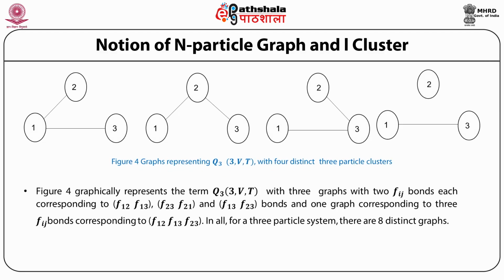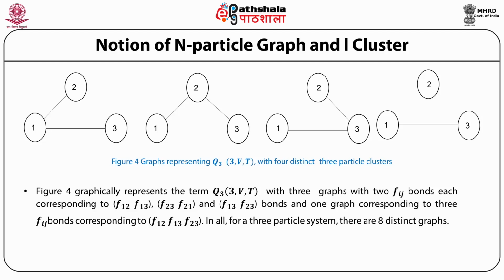Figure 4 graphically represents the term Q3 with 3 graphs with 2 f_ij bonds, each corresponding to f12 and f13, f12 and f23, and f13 and f23 bonds, and 1 graph corresponding to 3 f_ij bonds, corresponding to f12, f13 and f23.